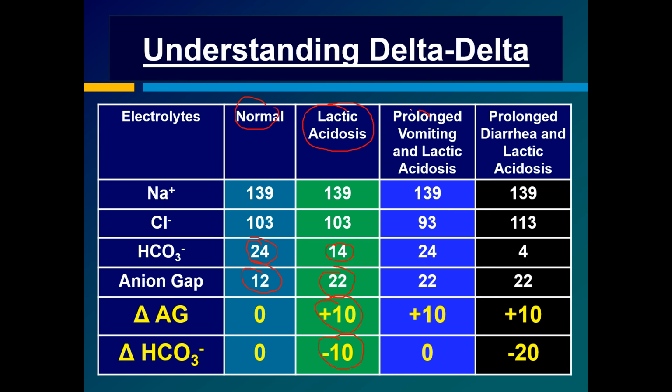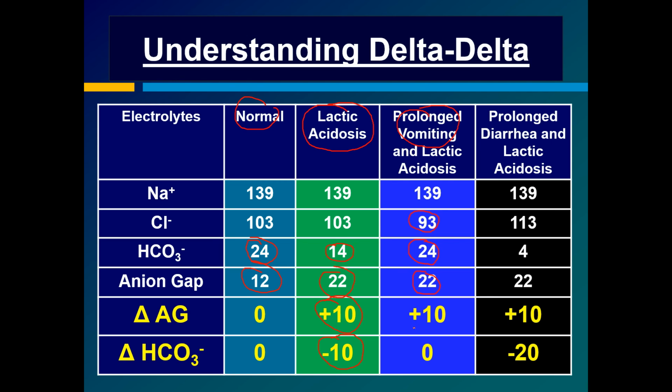Now you add some prolonged vomiting to this clinical scenario, and what basically happens? The only value that you can see that really changed dramatically here is the chloride, and you're going to lose hydrochloric acid from vomiting. And in this particular case, your bicarbonate concentration will also increase because of the loss of hydrogen ions from the vomiting. The anion gap is still the same, it's still 22.